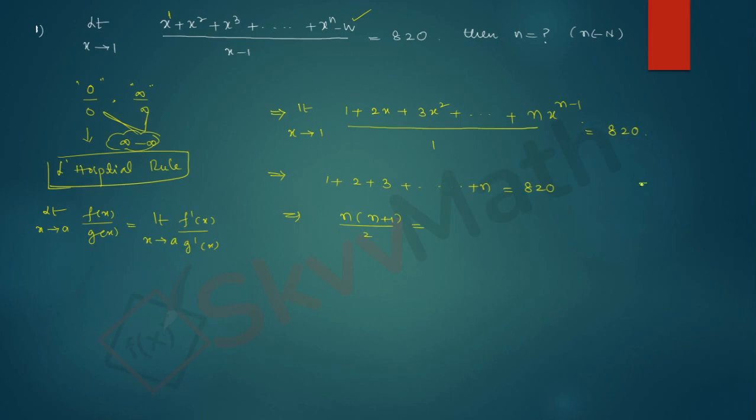You know that sigma n is equal to n(n + 1)/2, which is equal to 820. So this implies n(n + 1) is equal to 1640. So you can solve using the quadratic equations, or simply you can check the options. Right, so here I didn't provide the options, so with the help of options you can solve this.